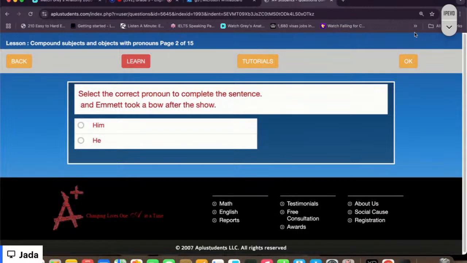Him or he? What do you think is the right one here? So he and, okay, subject pronoun.